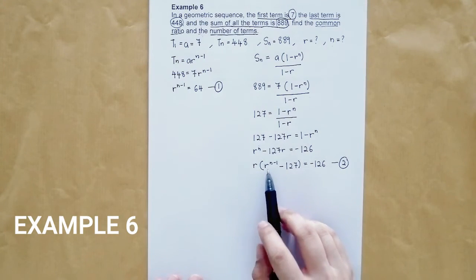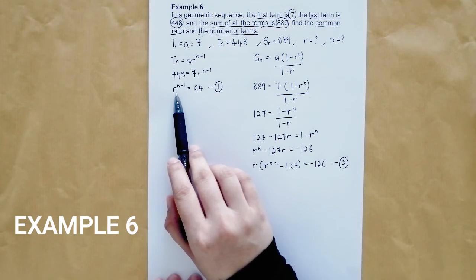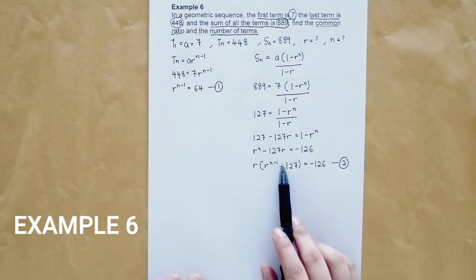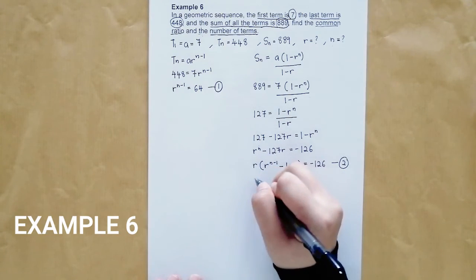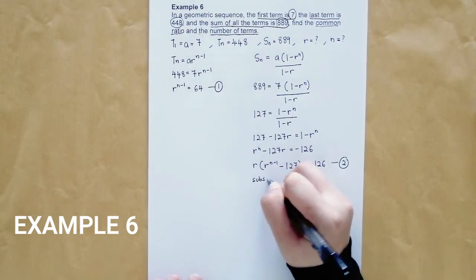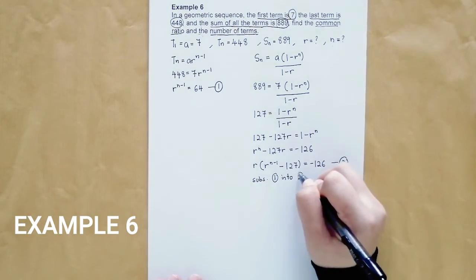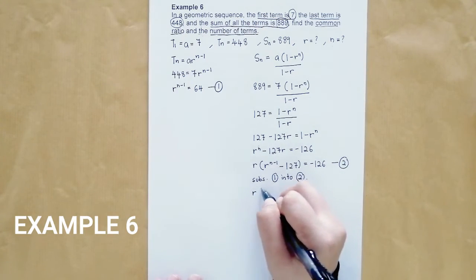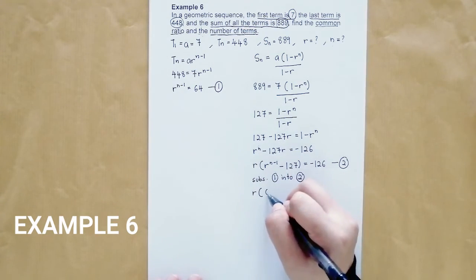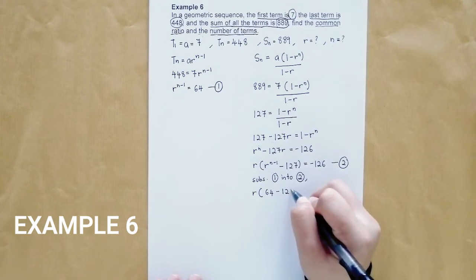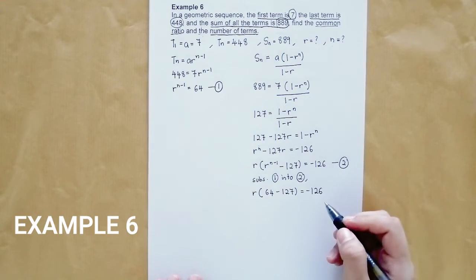Now, if you look at the first equation, we have R to the power of n minus 1. You can substitute equation 1 into equation 2. So we have R in the bracket, and this part you will substitute with 64. 64 minus 127 equal to negative 126.